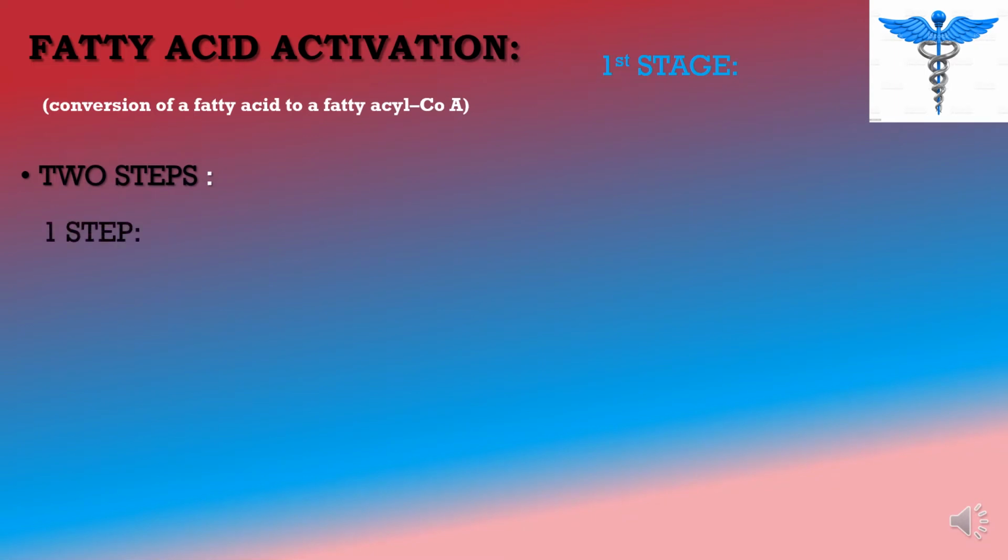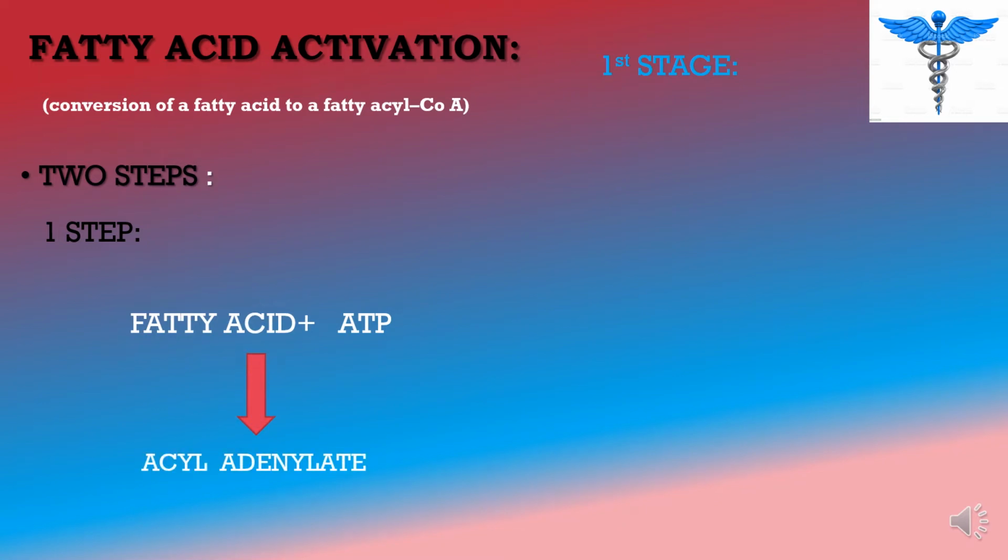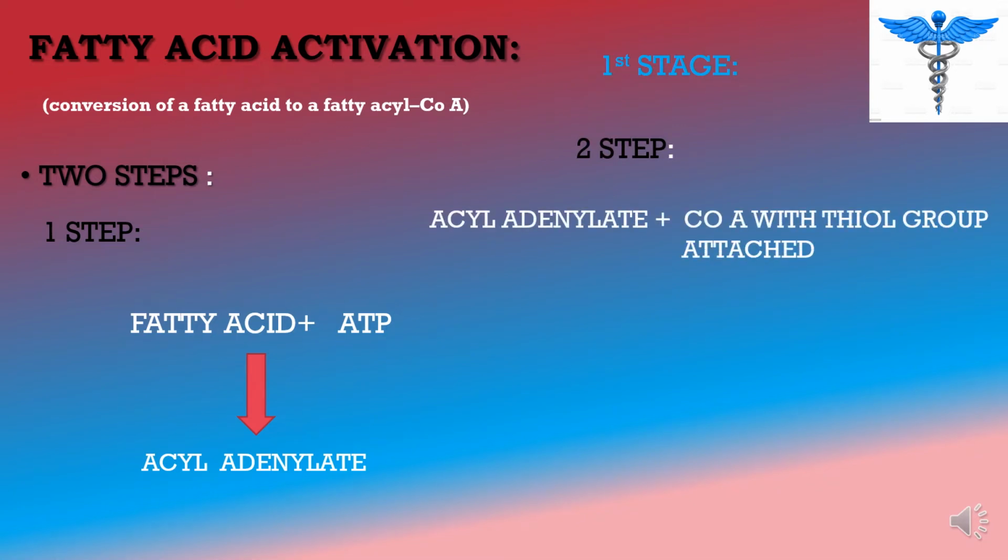In the first step, the fatty acid combines with ATP and forms acyl adenylate. In the second step, acyl adenylate combines with the thiol group of coenzyme A and forms acyl coenzyme A.